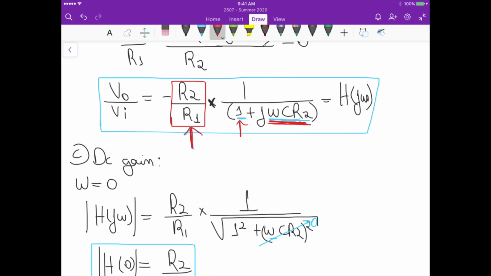So the 3 dB frequency point is exactly the point where, from the constant gain at DC, we get a minus 3 dB from that point.